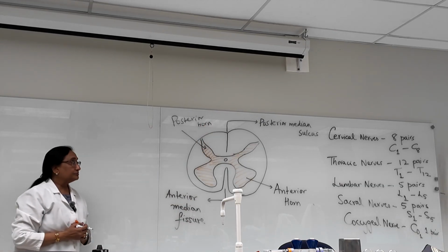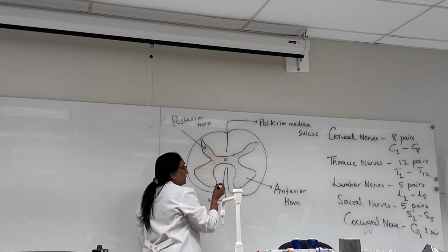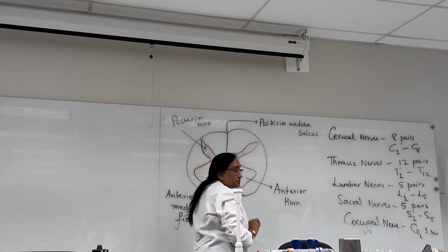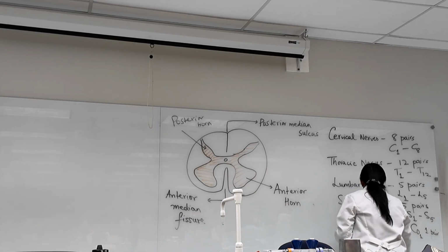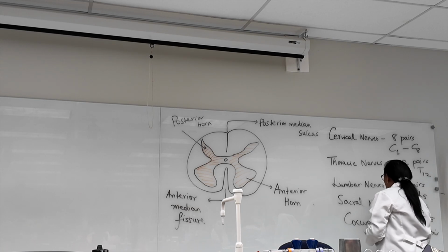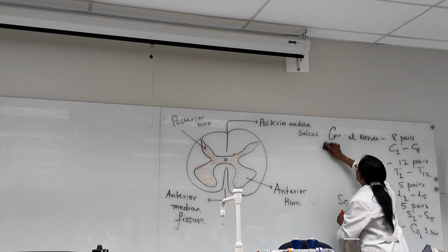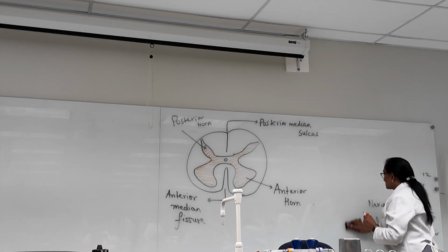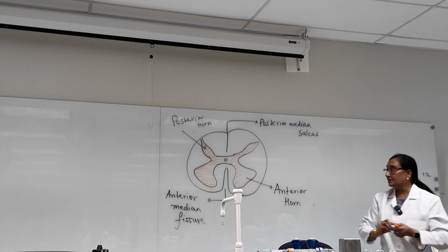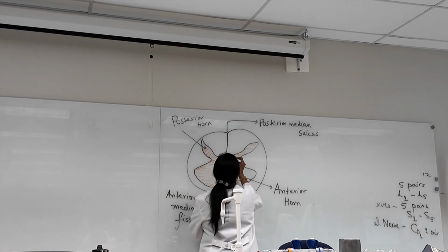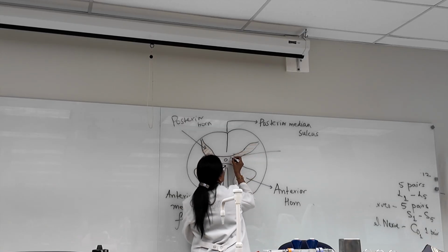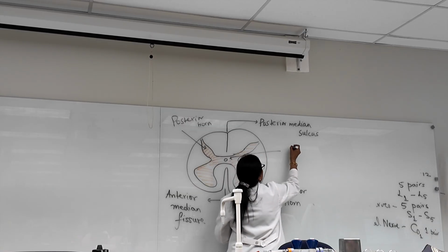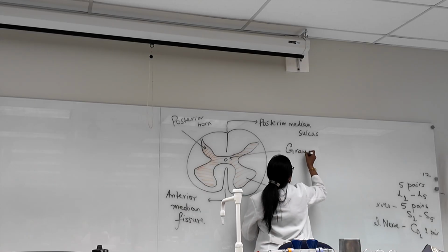Posterior horn. And this bridge that you see in the middle, connecting the two gray matters, that is called the gray commissure.